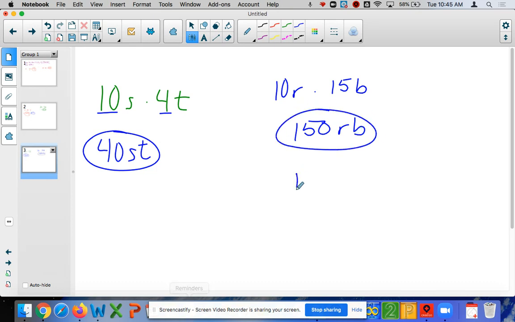Another possible answer is 150br. Each one is the exact same answer. I just wrote the variables in a little bit of a different order. Because once again, in multiplication, it's implied that you're just combining everything through multiplication. So it doesn't matter which order we write the variables in. As long as your number comes first, you're good to go.